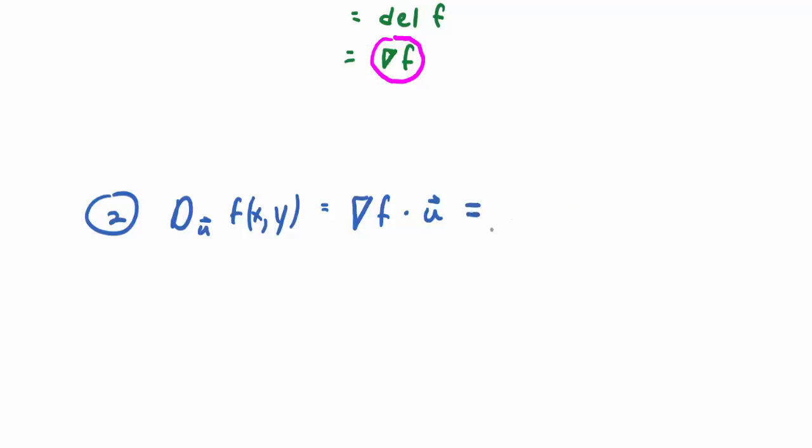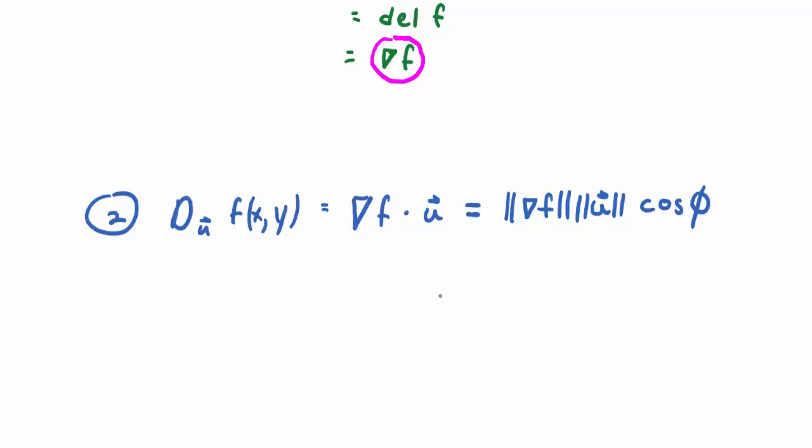Using magnitude, you could rewrite del f dotted with u as the magnitude of del f times the magnitude of u, which we know to be 1, right? Times the cosine of phi, where phi is the angle between the gradient vector, del f, and the direction vector, u.